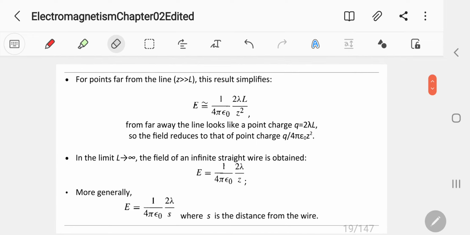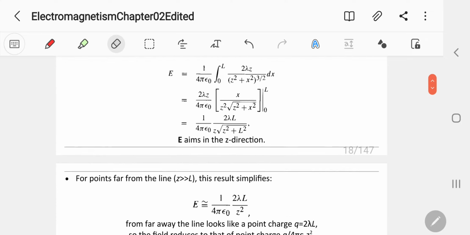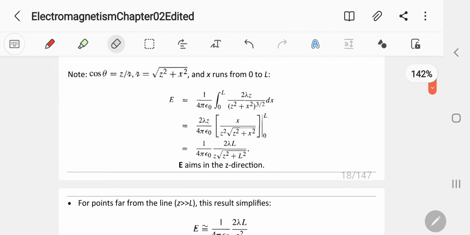In the limit L going to infinity, that means your line charge distribution is very long, extending to infinity, then the electric field would be here.